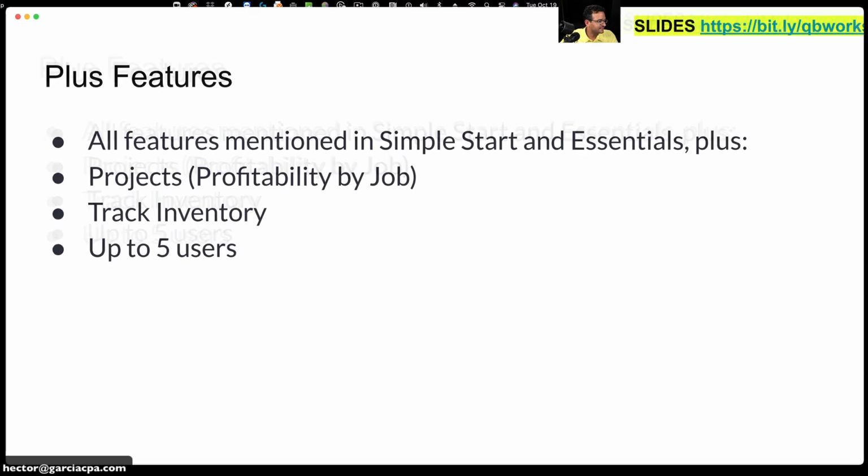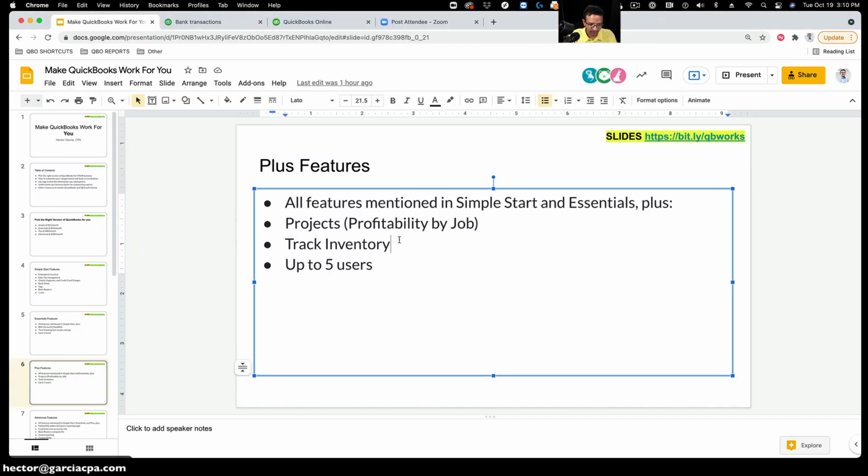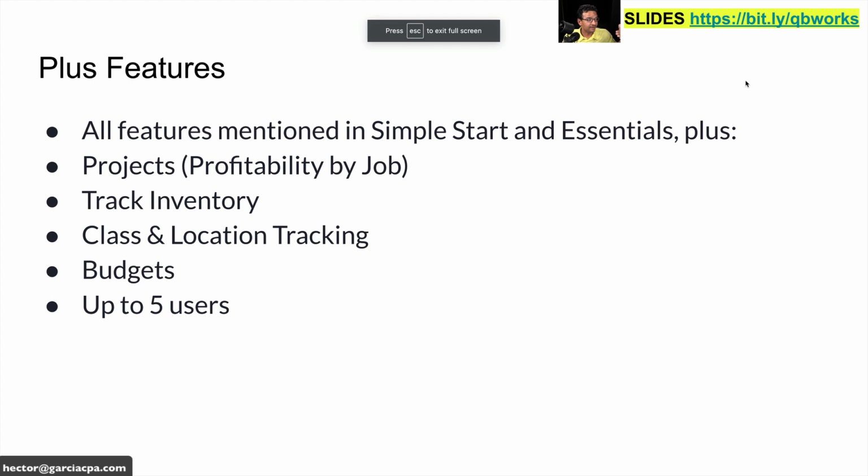It's not in the slides here, but I should mention we also have class and location tracking, and we might not have time to cover those today. And then we also have budgets. Sorry, I should have covered those in there. On top of tracking inventory, we have class and location tracking and budgets, and that gives you up to 5 users. So for that, you're going to be using Plus.